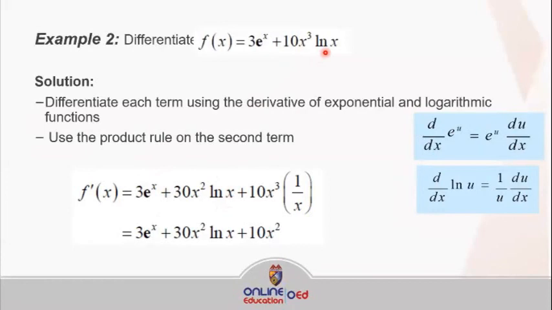Then the derivative of 10x raised to 3 is 30x squared, an application of the power rule, plus 10x raised to 3 times the derivative of ln x, which is 1 over x. Therefore, for this problem, the first derivative is 3e raised to x plus 30x squared ln x plus 10x squared.